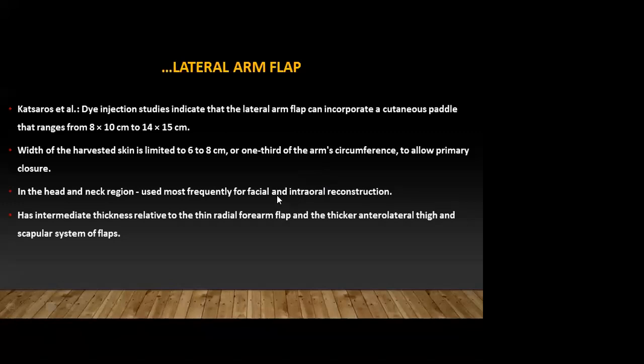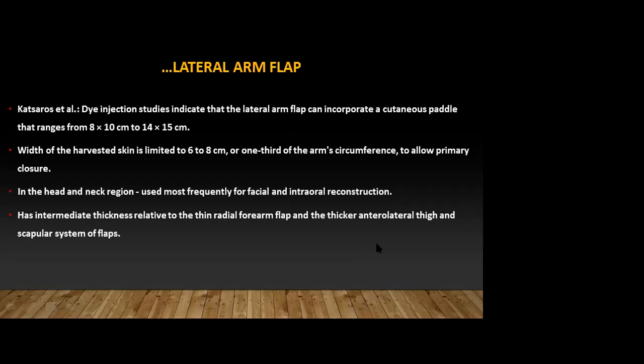In the head and neck region, the lateral arm flap is most commonly used for facial and intraoral reconstruction. It has intermediate thickness, thicker than the thin radial forearm flap and thinner than the anterolateral thigh flap and the scapular system of flaps.